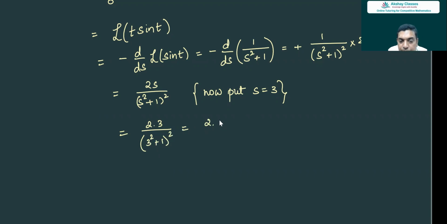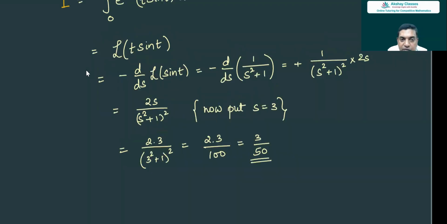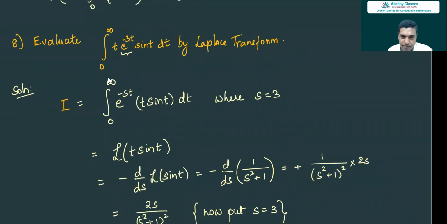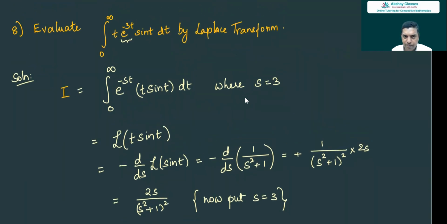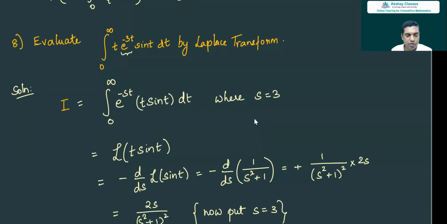So 2 into 3 by 10 square, which is 100. So the answer is 3 upon 50. So this value of the definite integral is 3 upon 50, and we used the concept of Laplace transform to do this integral very easily. Otherwise it would have been a very difficult integral because it's a product of 3 functions.